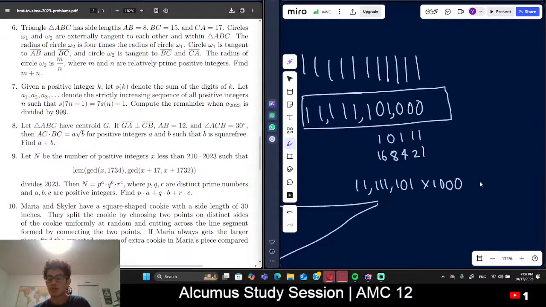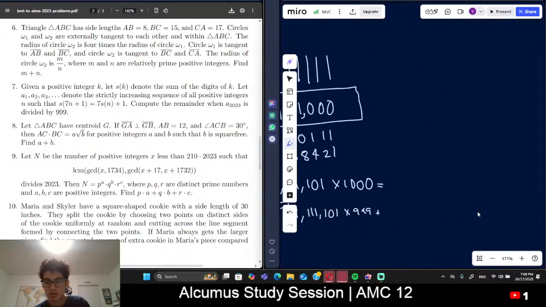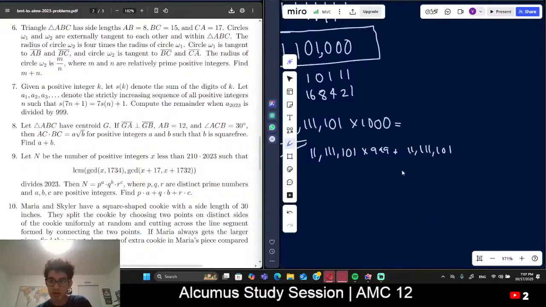So this is going to be 1 times 999 plus 1, same exact logic here. It's going to be 1 times 1 plus 101 mod 999.